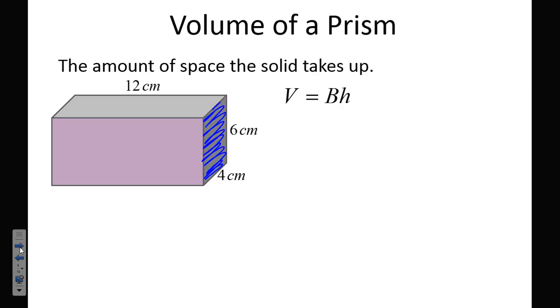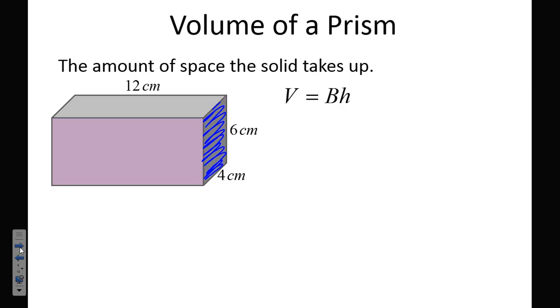Okay. So how do we find the area of a rectangle, Braxton? How do we find the area of a rectangle? Length times width.